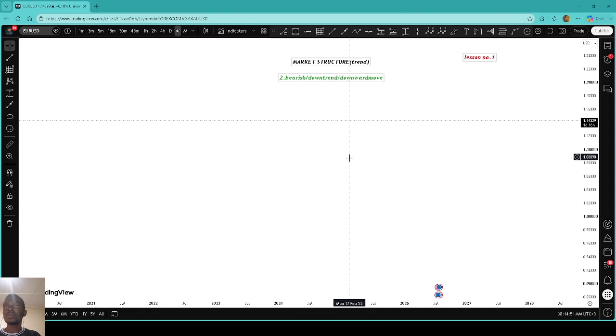So, as I was saying, this is the second market structure we're going to look into. It's the bearish, the downtrend, or the downward move. On this type of market structure, we find that many traders now sell the market.